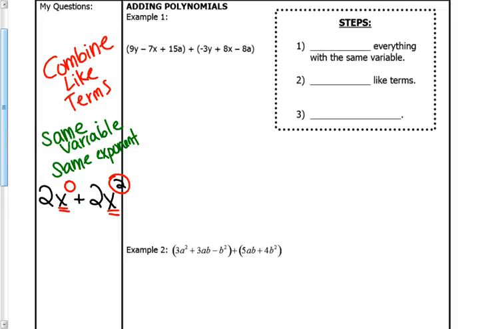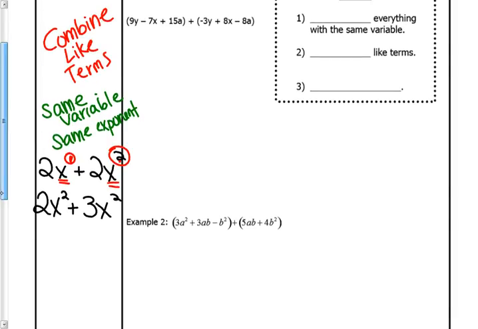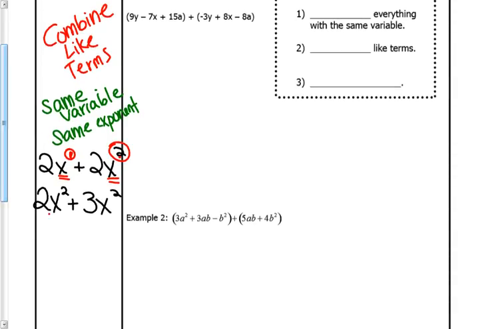What would my exponent be if there's nothing written here? This is technically a 1, and 1 and 2 are not the same number, so we can't actually combine these. What we can do is if we had 2x squared plus 3x squared, now we've got the same variable, x and x, and we also have the same exponent. So these can actually get combined together.